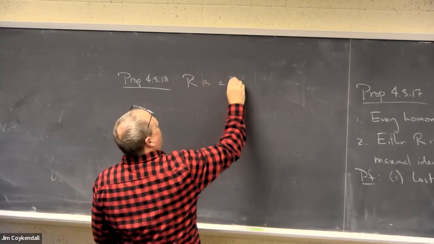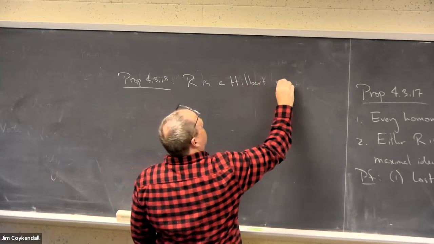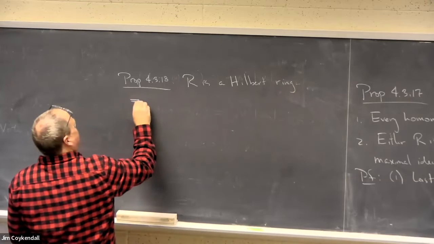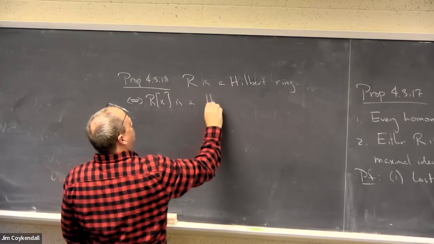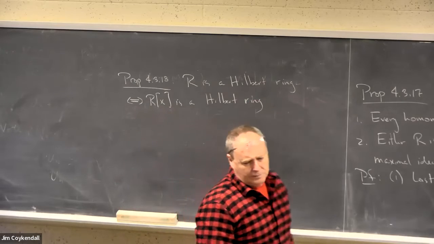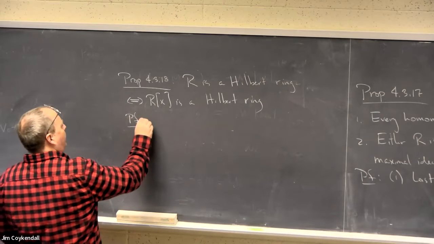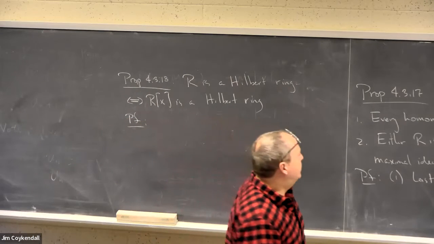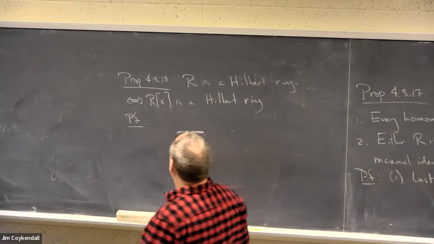R is a Hilbert ring if and only if R[x] is. That's cool, because what this means is Hilbert rings are actually preserved not only under homomorphic images, but under polynomial extensions. And in fact, the homomorphic images help us out here. This direction is not too bad.